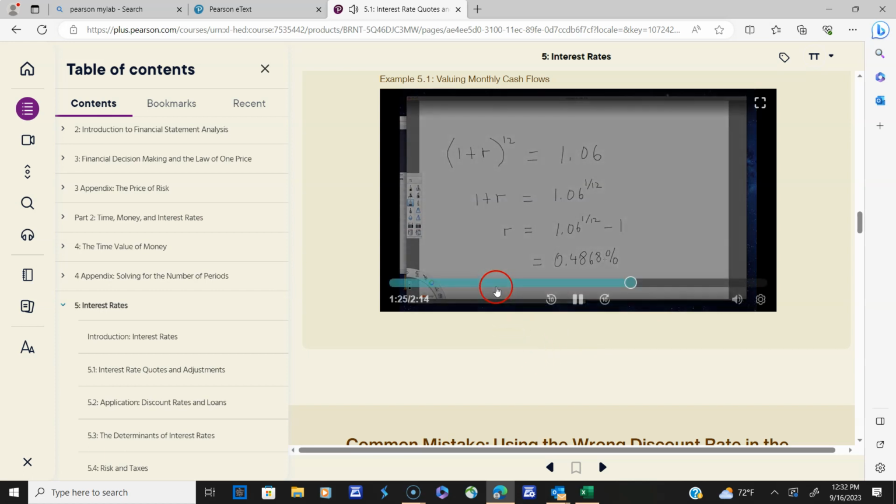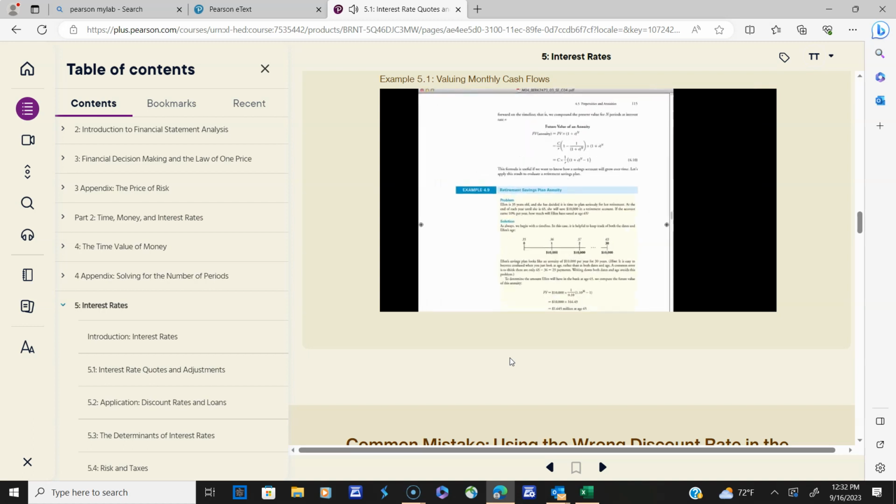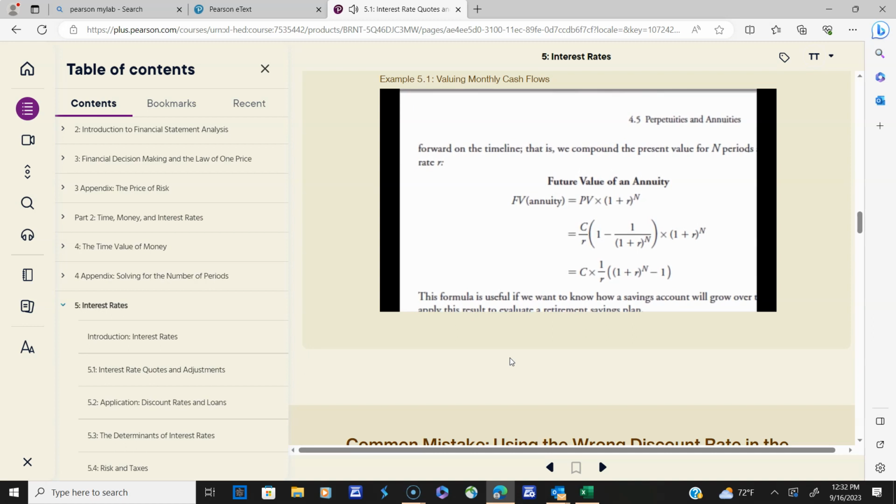Okay, so we want to put a fixed sum away each month for the next 10 years so that at the end of 10 years, we will have $100,000. We begin, as we do all problems, by writing out the time line. In this case, it's going to be in months. Next, we go to the last chapter and look up the formula we derived for the future value of an annuity.